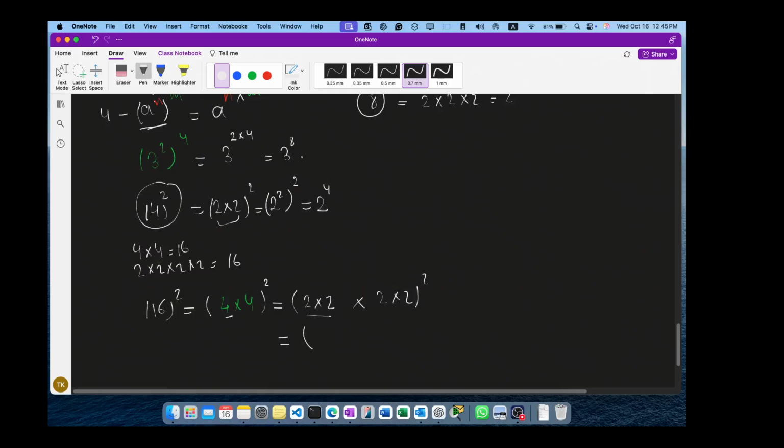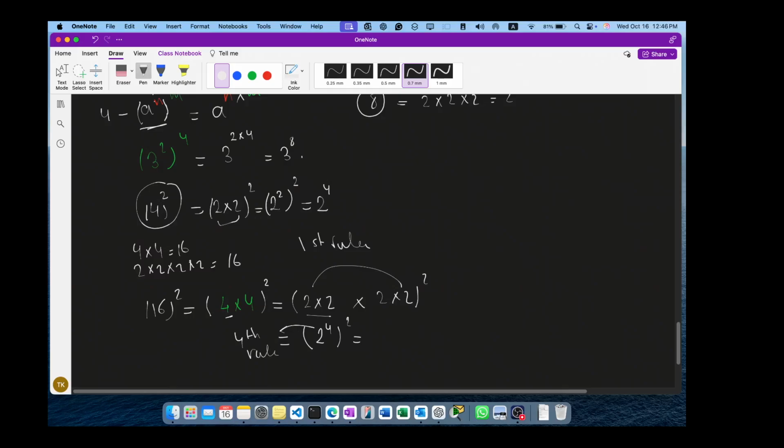Now, how many 2's do we have here? 1, 2, 3, 4. The base itself is 2, to the power 4, all of them to the power 2. Now I can apply it. Look here, I used the first rule. Here I'm using the fourth rule.